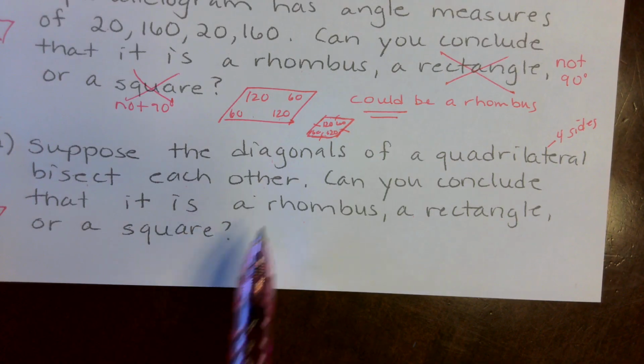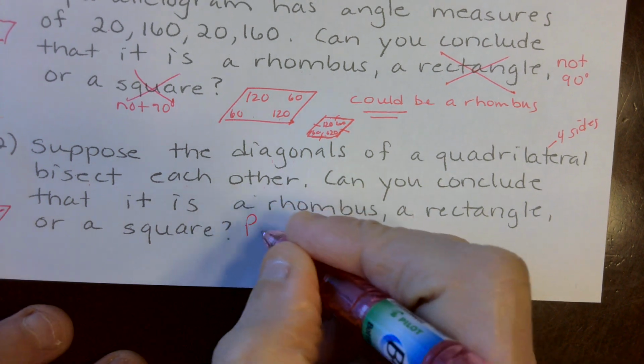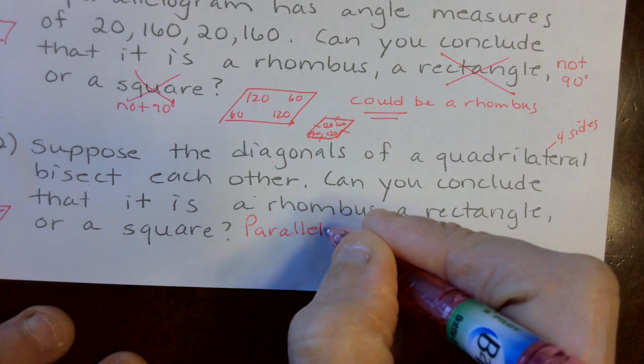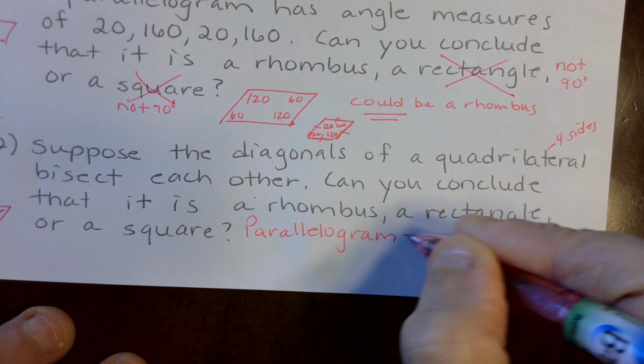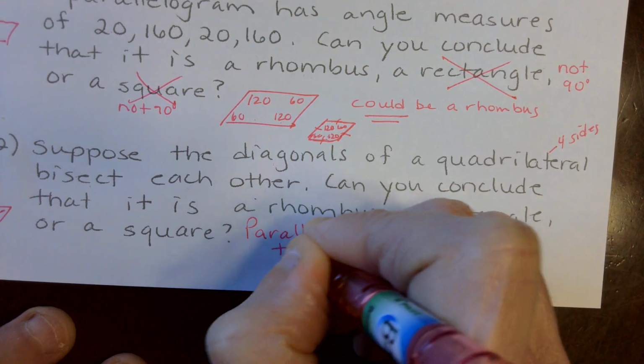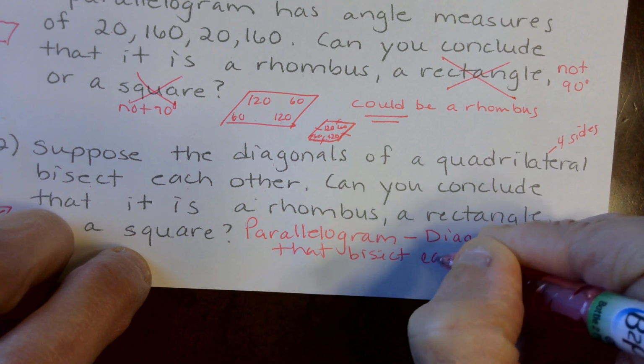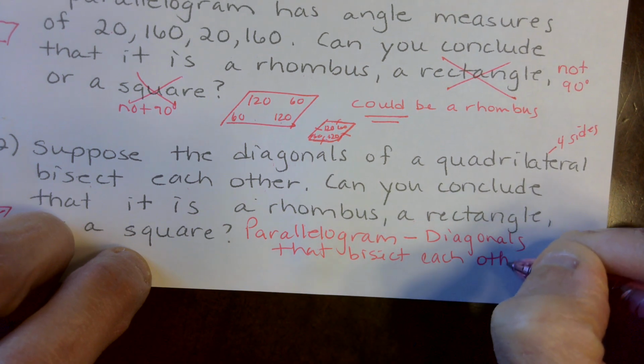I do recall that we did talk about this though. Does anybody remember when we talked about the diagonals bisecting each other? Kind of figure it's on a parallelogram. Every parallelogram has diagonals that bisect each other.